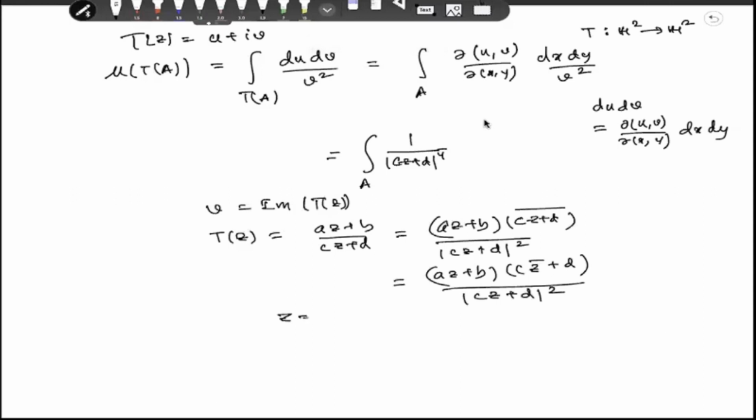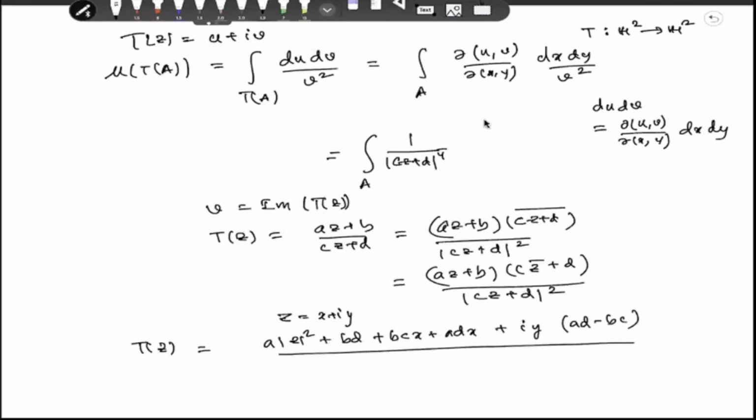Now if I take z equals x plus iy, then Tz will be equal to a mod z squared plus bd plus bc x plus adx plus iy times ad minus bc, whole divided by mod of cz plus d squared. Therefore v, the imaginary part of Tz, is equal to y by mod cz plus d squared.